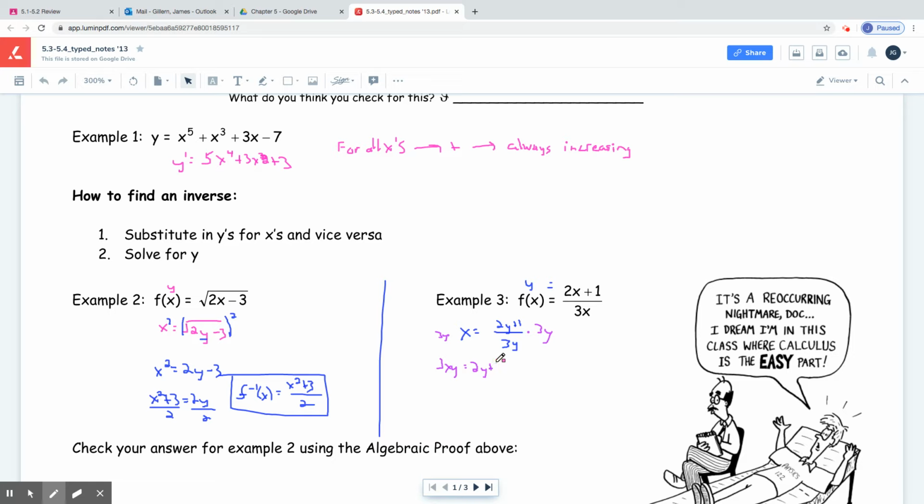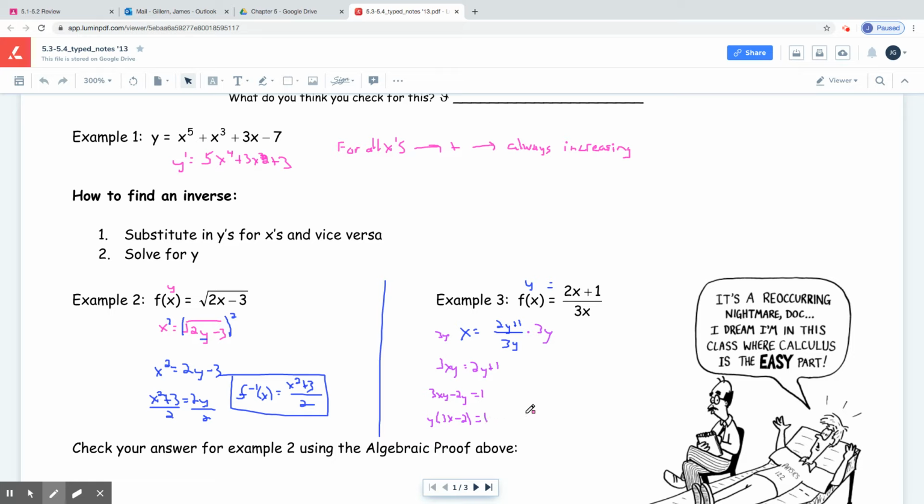2y plus 1. Now, whenever you have two terms like this with y in them and we want to solve for y, we want to get all the y's on one side. So 3xy minus 2y equals 1. But I can't combine them, so what you have to do is take out a y. So y times 3x minus 2 equals 1.